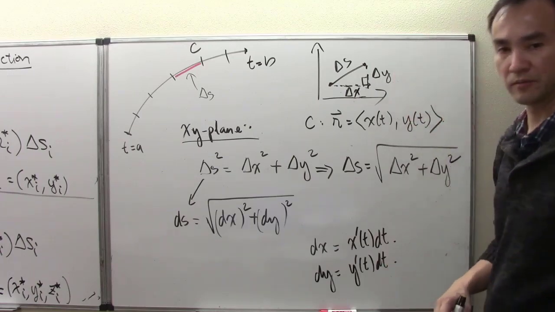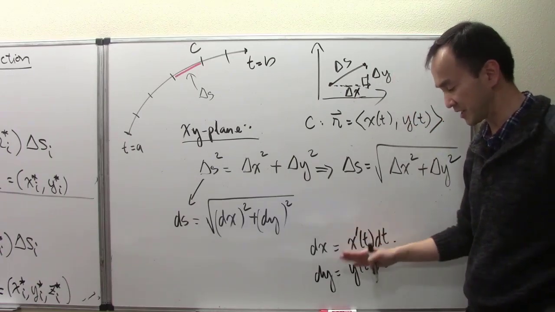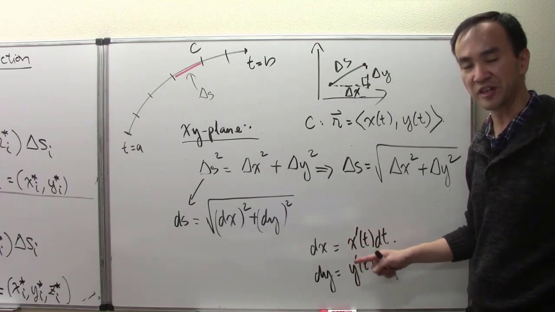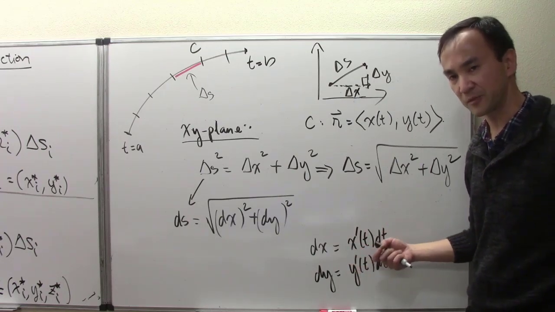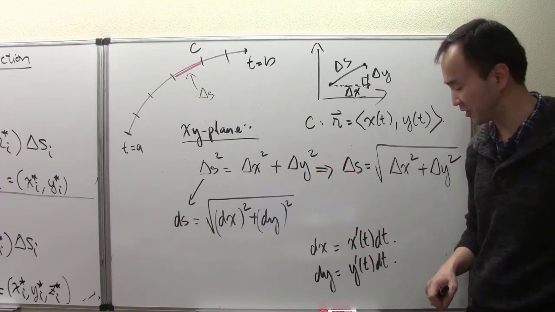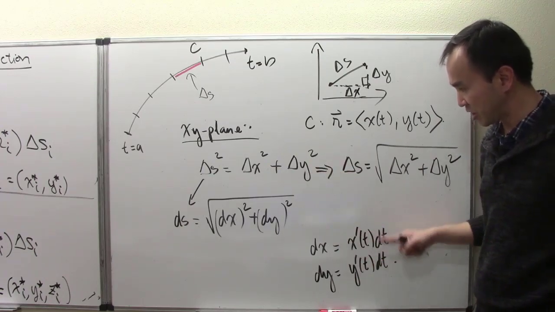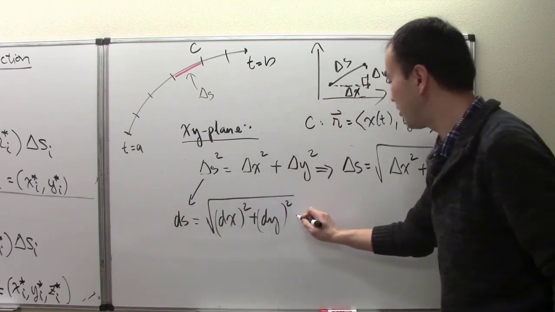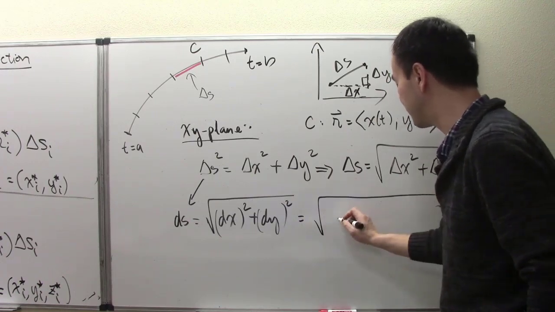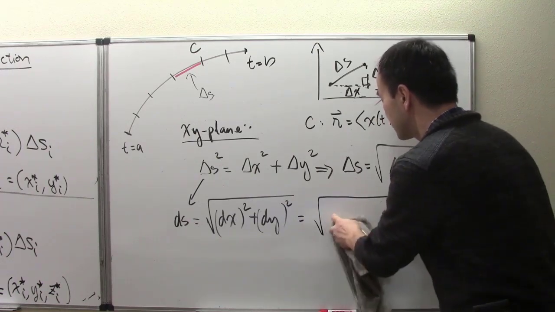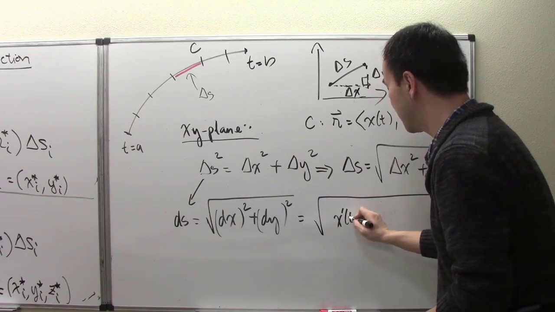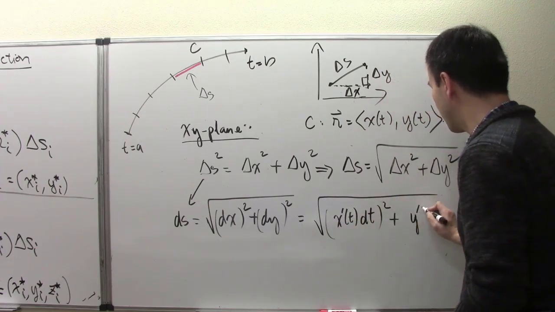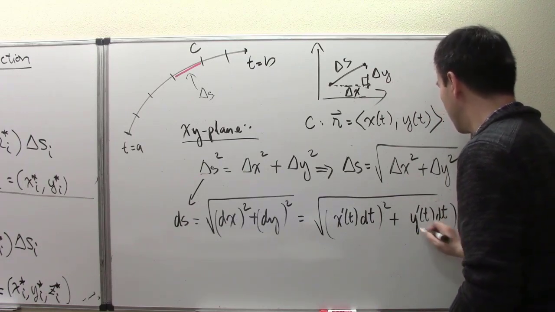We've learned this idea previously, in the lecture where we were learning about parameterized curves and space curves, and taking derivatives of space curves and all that. So I'm going to take these expressions and substitute them in there. My formula here becomes a square root of x prime of t dt all squared plus y prime of t dt all squared.